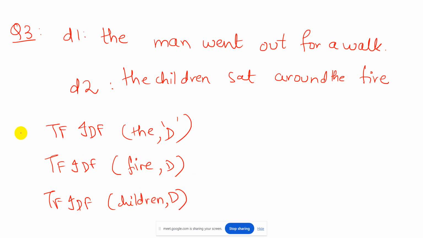Please do these three questions. These kind of paragraph based questions can be asked. Please try to solve.